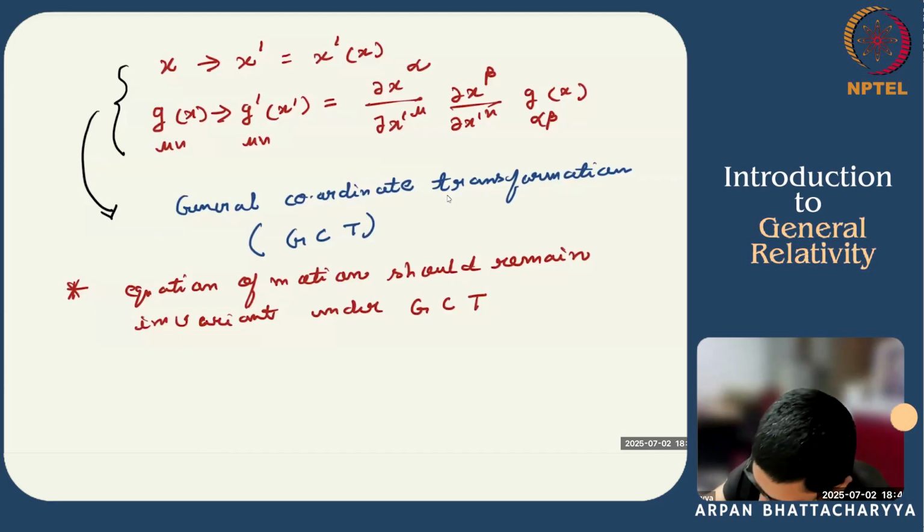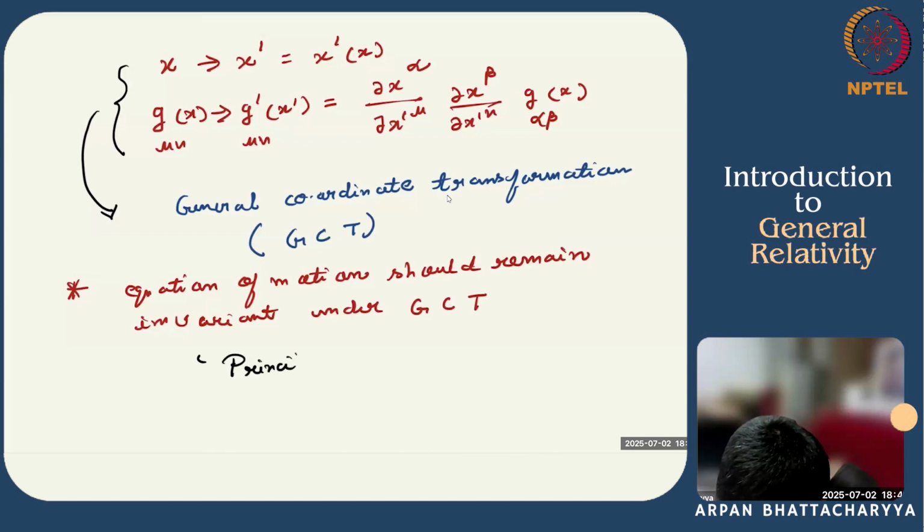So Einstein originally postulated this, and this postulate is known as the principle of general coordinate invariance.